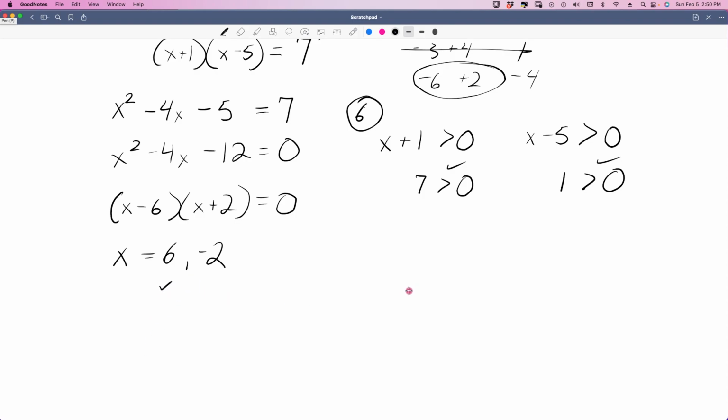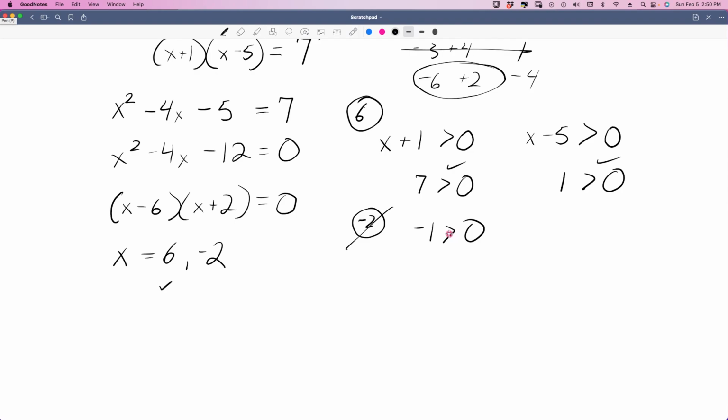Let's see if negative 2 works. So x plus 1, here's the negative 2. Negative 2 plus 1 would be a negative 1. It is not greater than 0, so we can't even do it. It's not going to work at all. So negative 2 is not an acceptable solution for the original equation because it causes at least one argument to be negative.